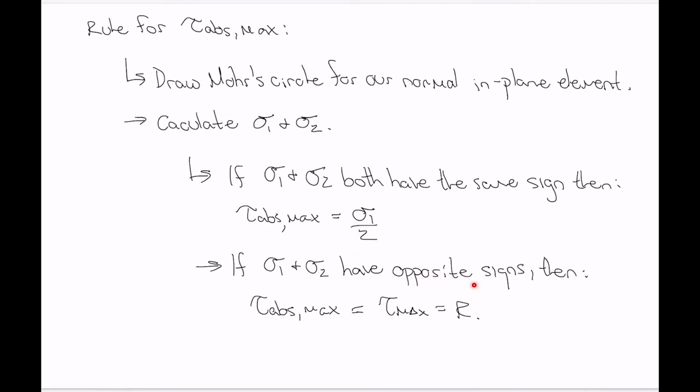If they have opposite signs, meaning that your Mohr circle for your in-plane element straddles the vertical axis, then your absolute maximum shear stress is simply equal to the maximum shear stress on that circle, which is equal to the radius.